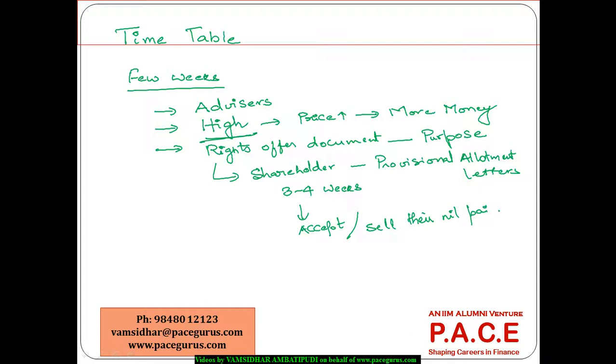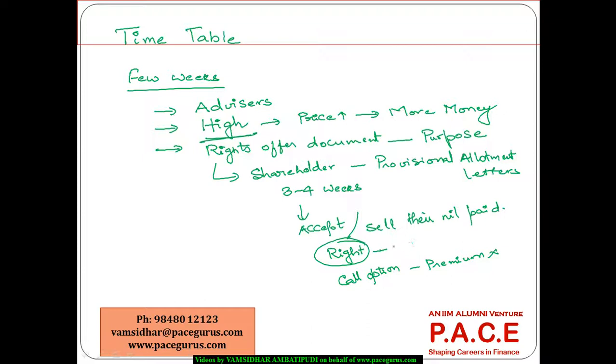What is this nil paid share? It's a right. They have got the right from the company, but they did not pay anything for the right. Right? When you are talking of a typical call option, there is a premium that is paid to get the right. Whereas in case of rights issue, they have got a right for which they have paid nothing.